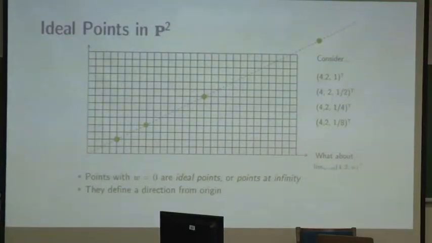Yes. If we convert these ideal points back into the R2 space, can't they lie anywhere in the R2 space? No. Let's try doing that. What about 4, 2, 0? To convert, I'll say 4 divided by 0, which is infinite, and 2 divided by 0, which is again infinite. So that's the points in P2.